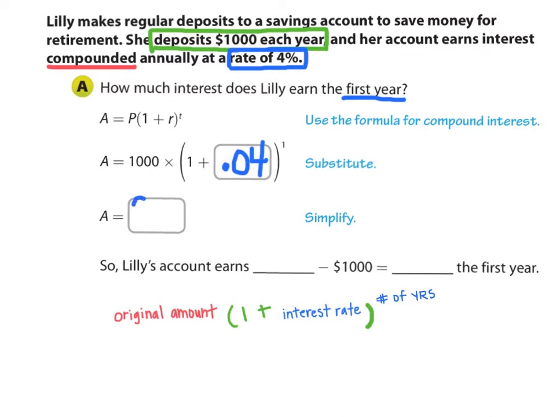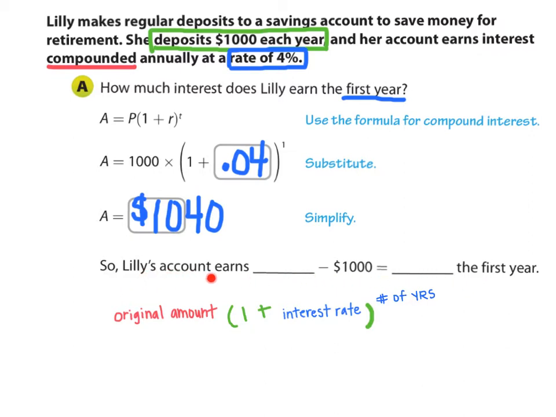you should get $1,040. Now, he is not going to earn $1,040 in interest. That's more than he started with. That's more than 100% interest. He's only getting 4% interest. So, here's what we have to do to find out just the interest.